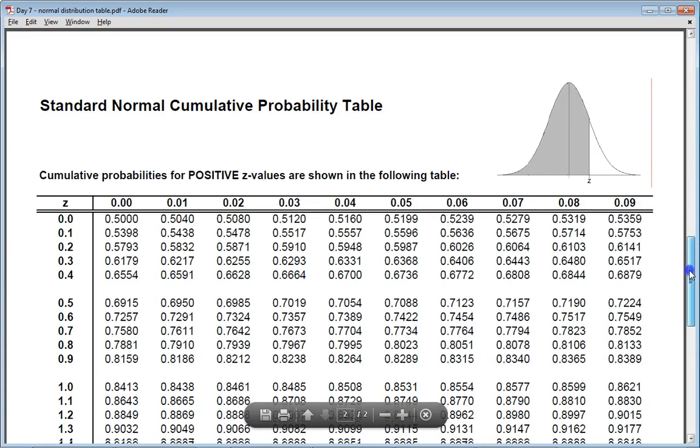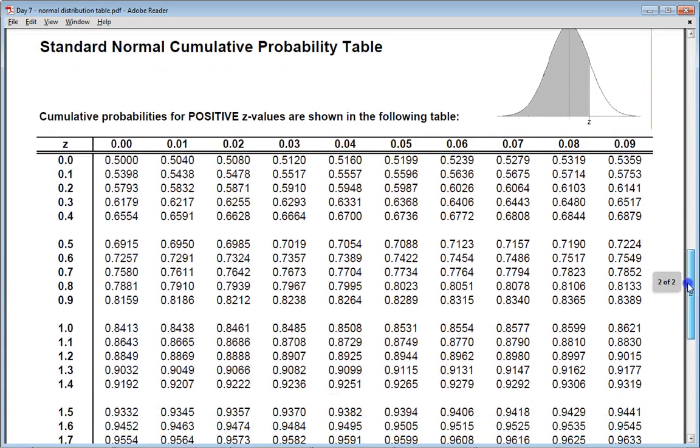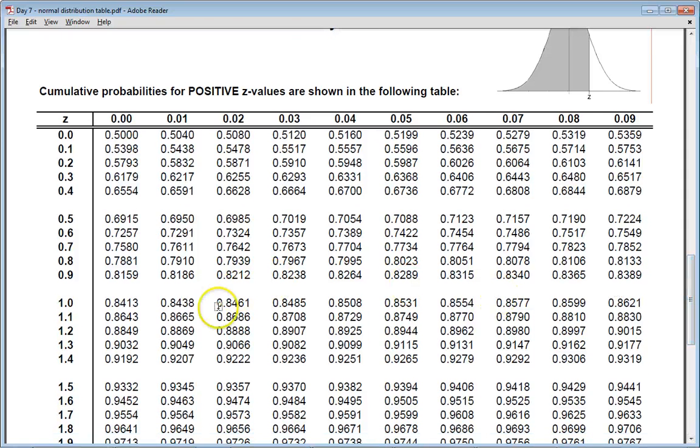I'm looking for 0.8750. 0.872, 0.8749. That is pretty darn close. One away. We're not going to be able to get closer than that. 0.8749. We were shooting for 0.8750.